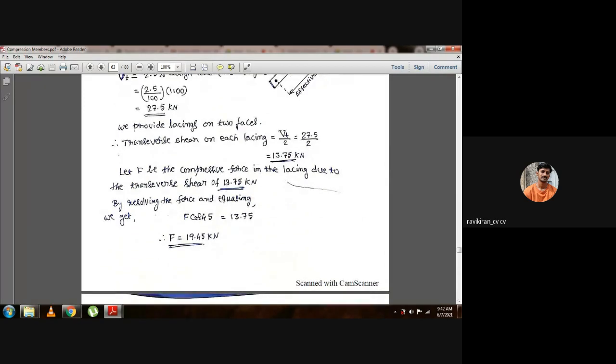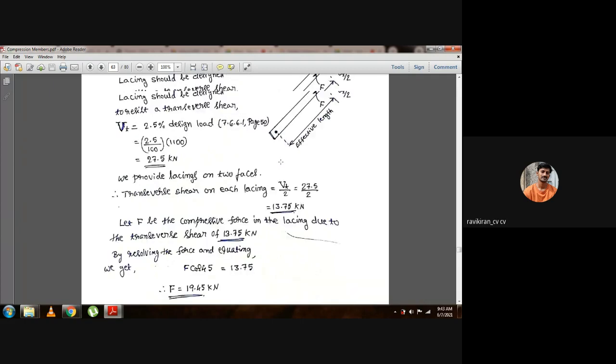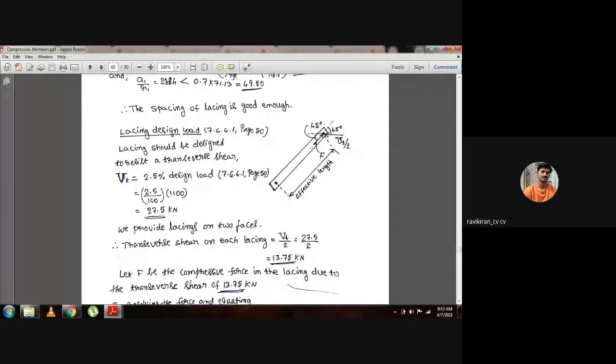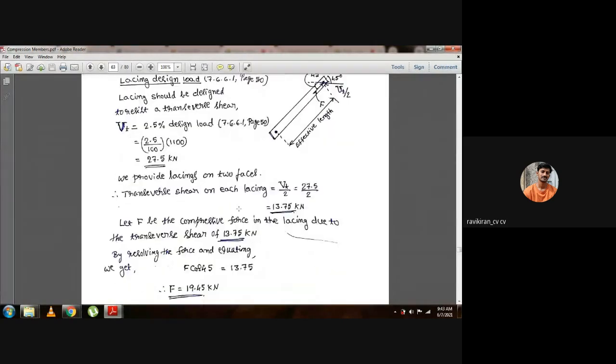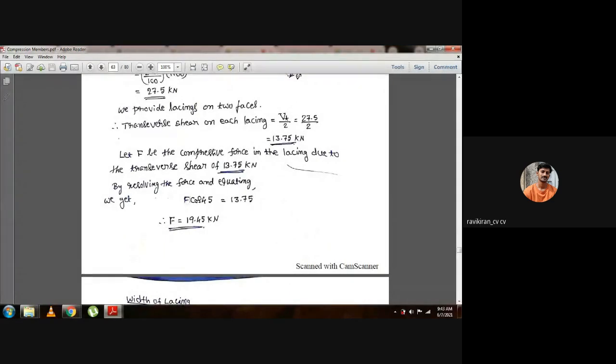So let F be the compressive force in the lacing due to the transverse shear, that is 13.75. It is acting in the inclined angle of 45 degree. Just see this, because lacing we considered 45 degree inclination. So what F will become? F cos 45 is equal to 13.75 kilonewton force.